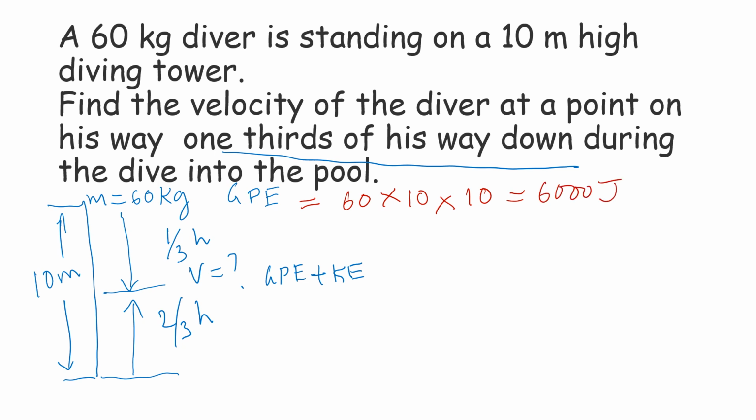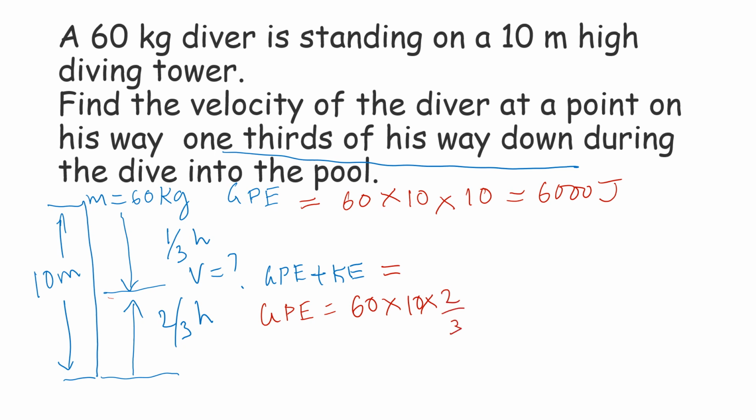That's the energy. Now the gravitational potential energy at this point, which is 1/3 of the total height that he has traveled already, is going to be mgh. So that's going to be 60 is the mass, gravity is 10, height is in this case 2/3 of the total height.